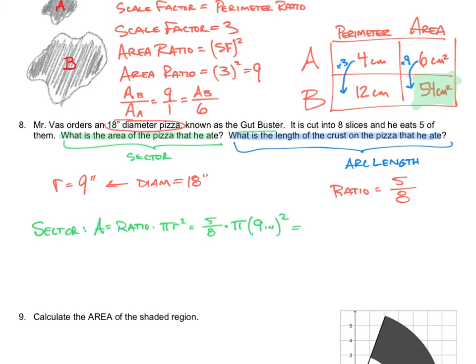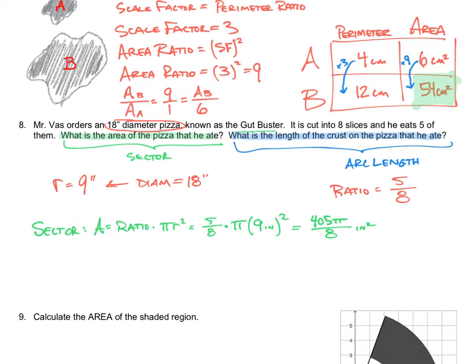Let's see, 9 squared is 81. 81 times 5, that's 405. So I'm going to have an exact answer here of 405 pi divided by 8 square inches.